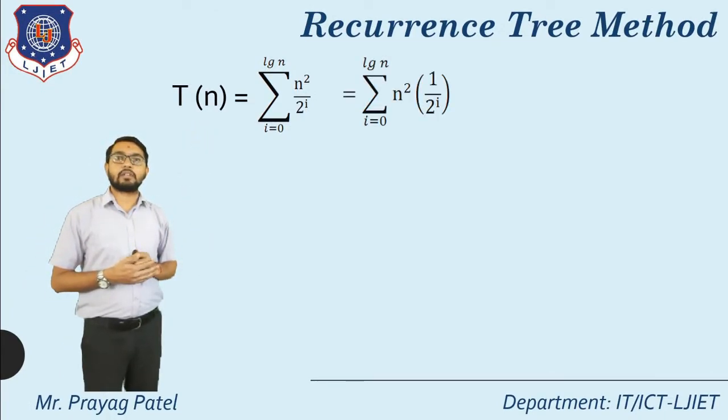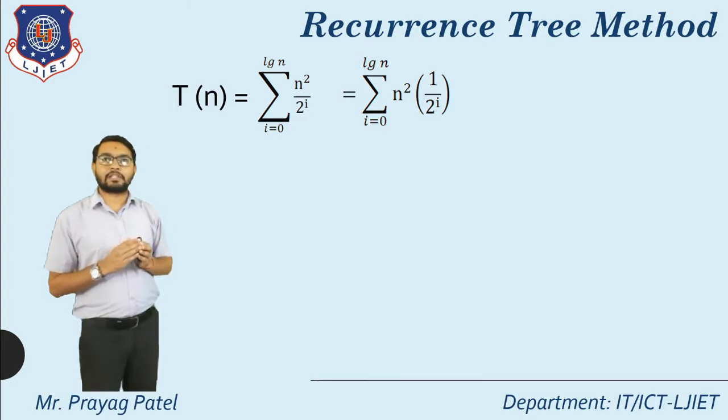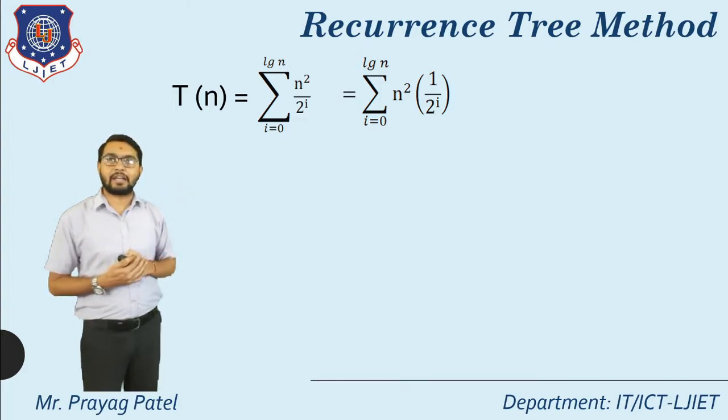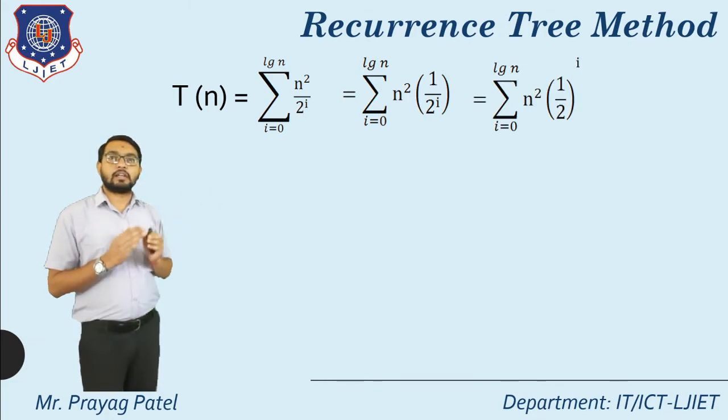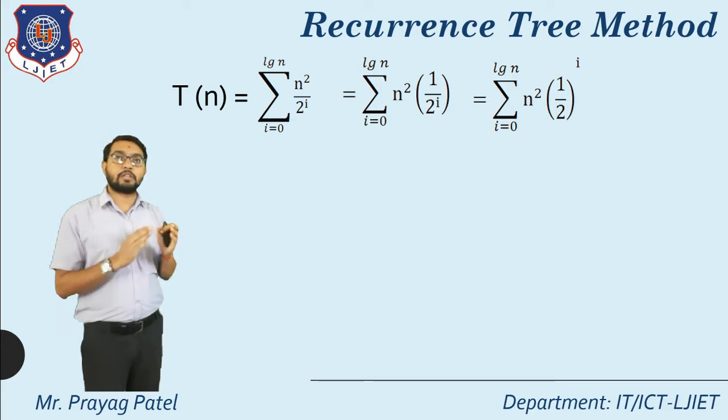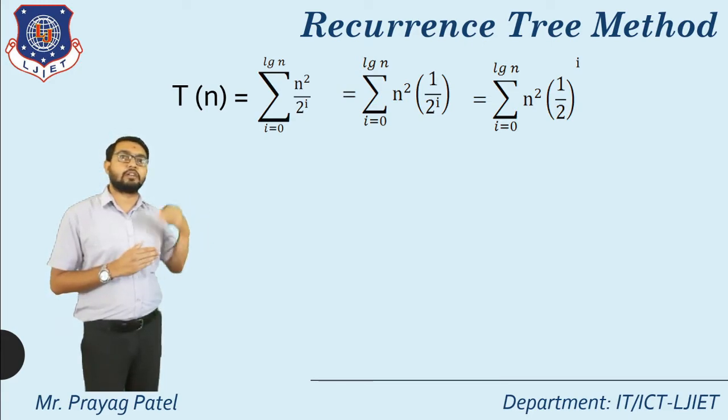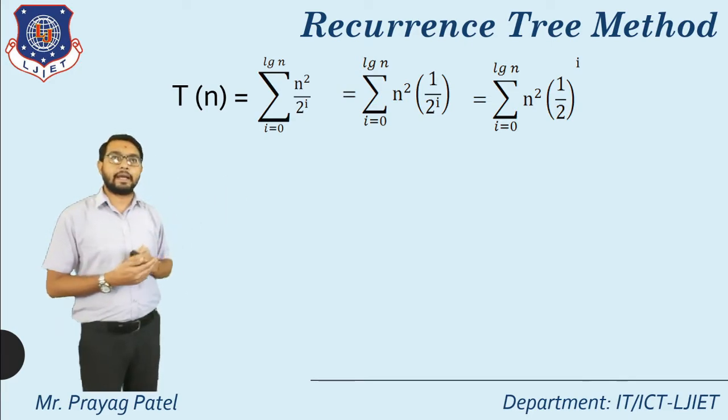Now solve this equation. Here consider n square as the first part and 1 upon 2 raised to i as the second part. In place of 1 upon 2 raised to i, we can also write 1 upon 2 whole raised to i.